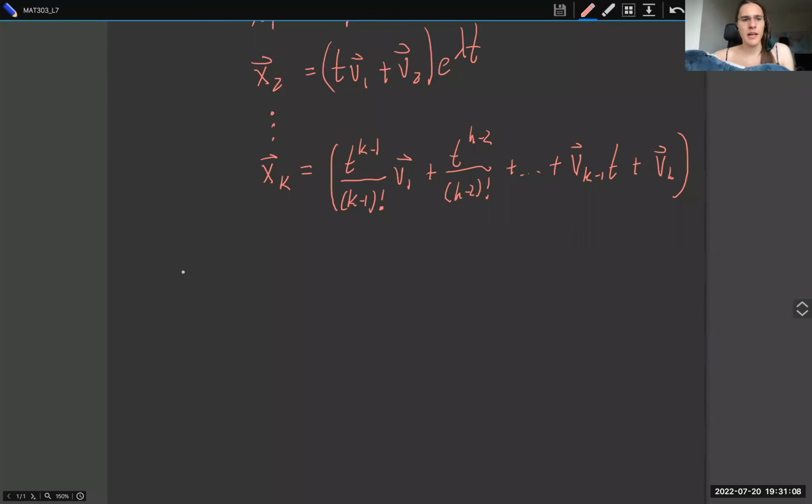So for example, let's suppose that A is equal to the 4-dimensional system. So let's do an easy one. 2, 2, 1, 1, 2, 1, 2, 0, 0, 0, 0, 0, 0.